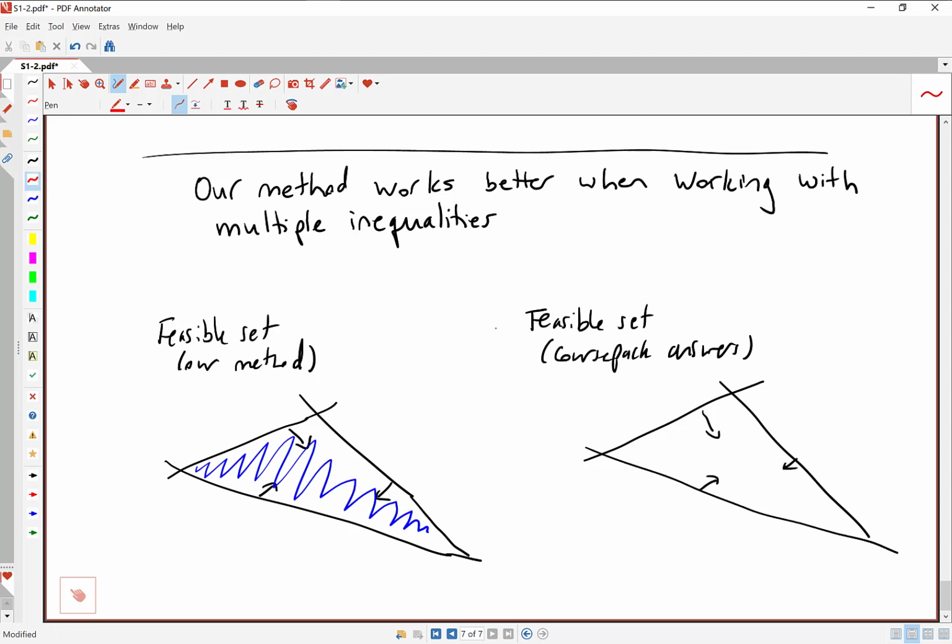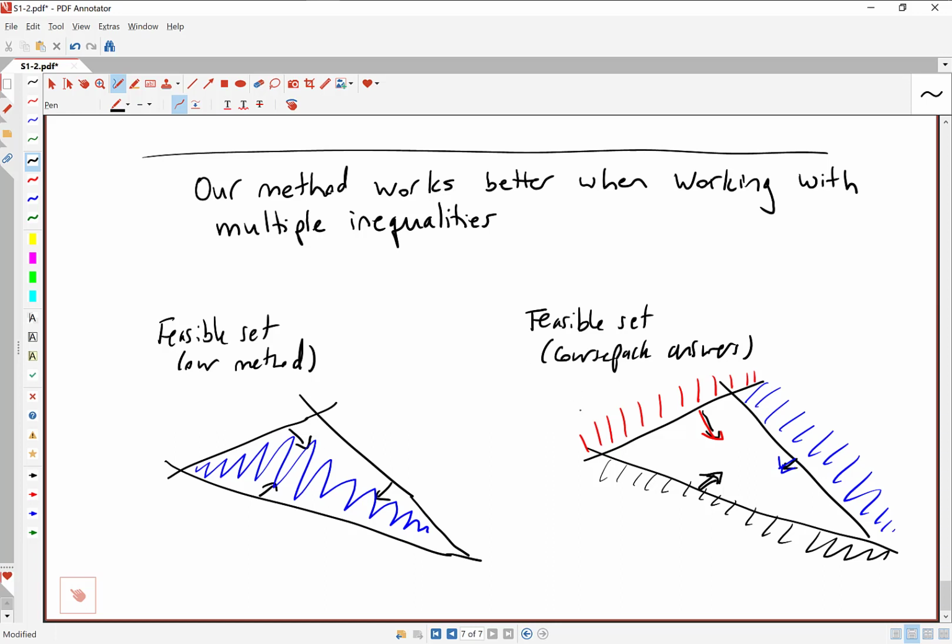They say, okay, we're going to throw away these points here because we want to satisfy this inequality. And then they throw away these points here to satisfy this inequality. And then they throw away these points here so that we can satisfy this inequality. So in the course pack, the feasible set is going to be the triangle that's unshaded. And in our method, it's going to be the triangle that is shaded.